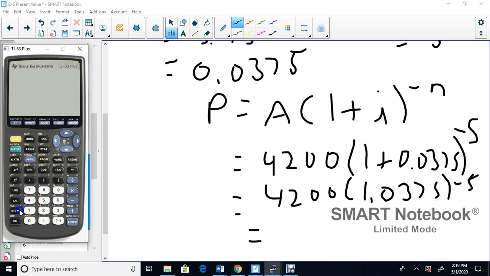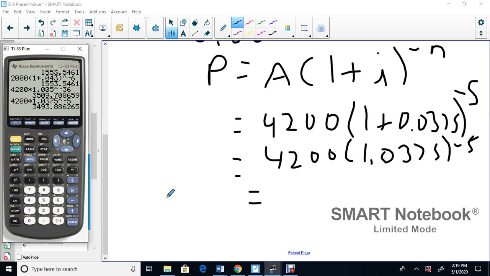4200 times 1.0375 to the exponent negative 5. Whoops, not 35, but negative 5. Make sure you use that negative symbol. So there it is.